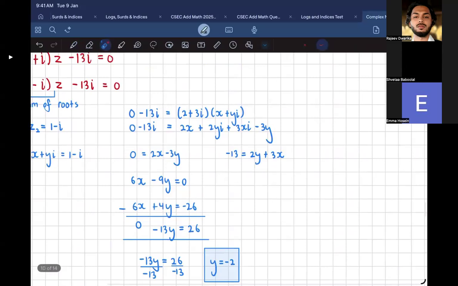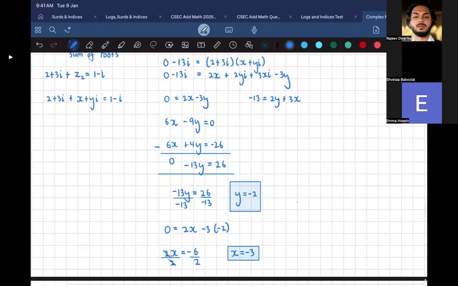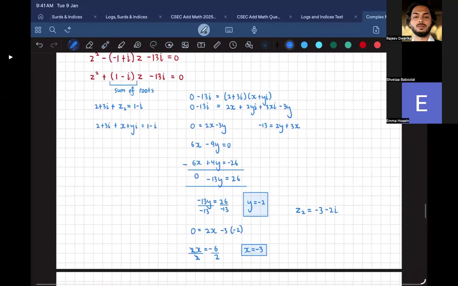And we have said that the other root would be in the form x plus yi. So the final answer for the other root will be x, which in this case is minus 3, plus y, that's plus minus 2, is minus 2i. And that's the answer I'm supposed to get. But I wonder why it worked for the first one.